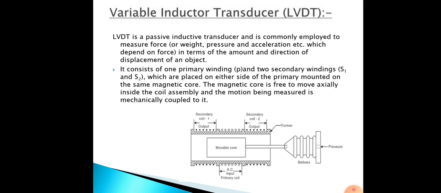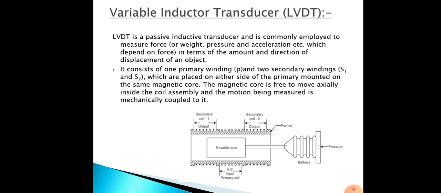This variable inductor transducer is nothing but your LVDT. This LVDT is a passive inductive transducer. It is commonly employed to measure force, that is weight, pressure, acceleration, etc., in terms of amount and direction of displacement of an object.